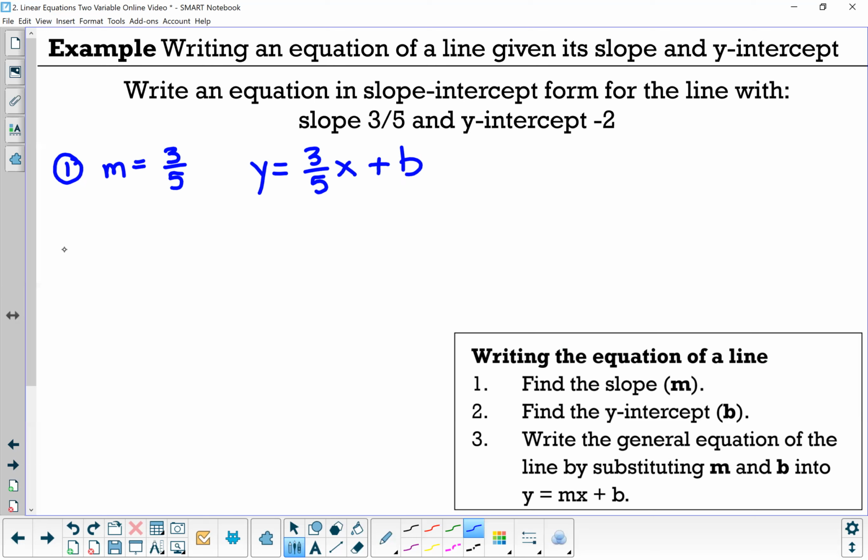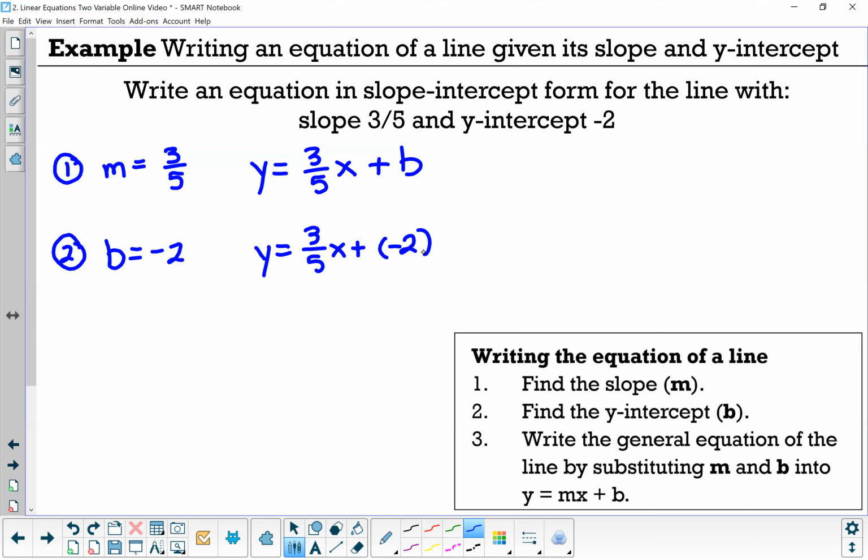All right, part two, our y-intercept, we have that. It says it's -2, so b is equal to -2. Perfect. So now I can substitute for b. I have y equals 3/5 x plus -2.